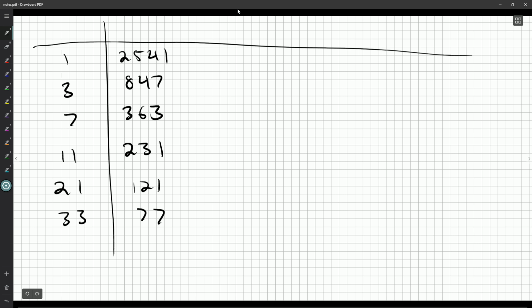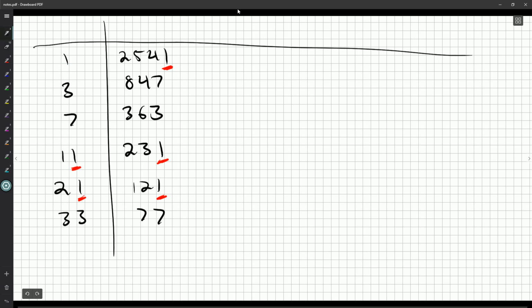Now, which of these are 10 times something plus 11? So they'd have to end in a 1. Well, actually, the 1 can't work at all.